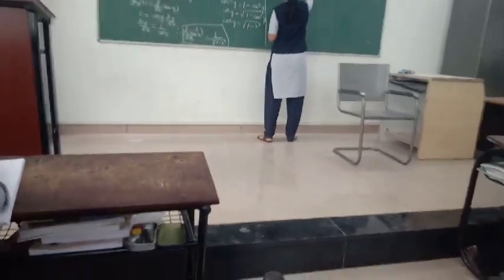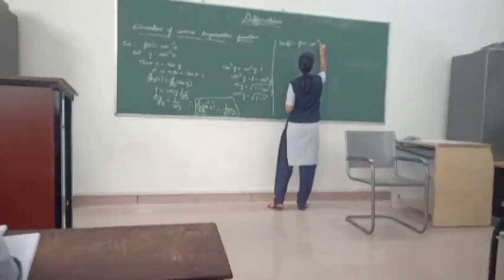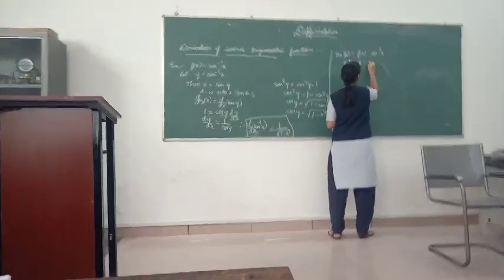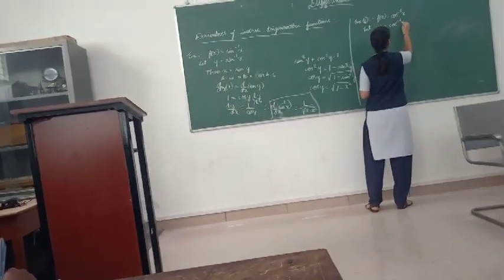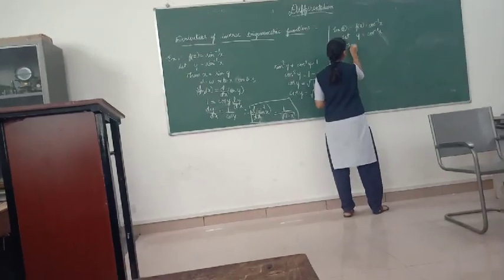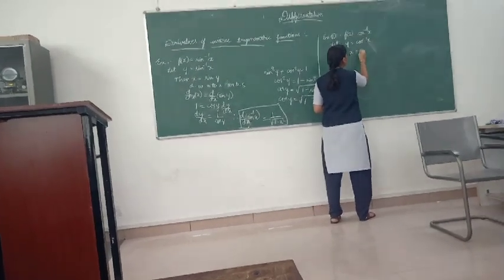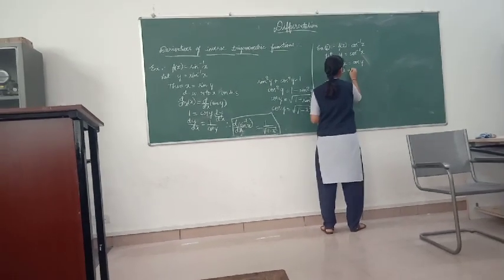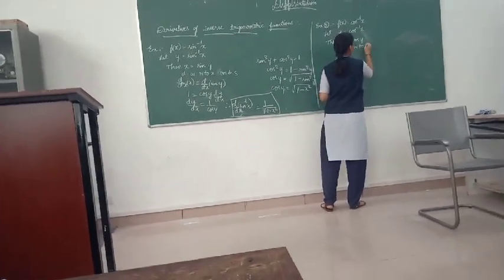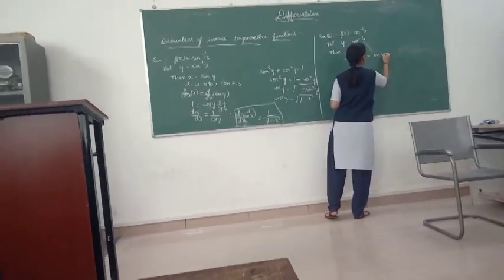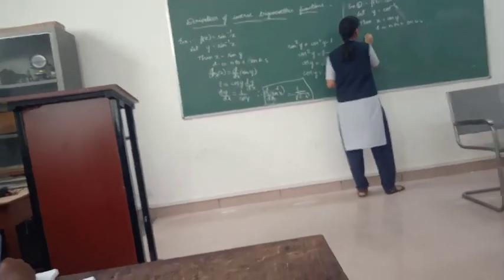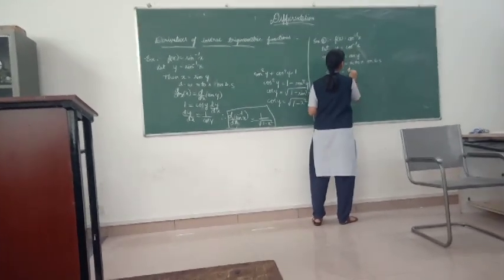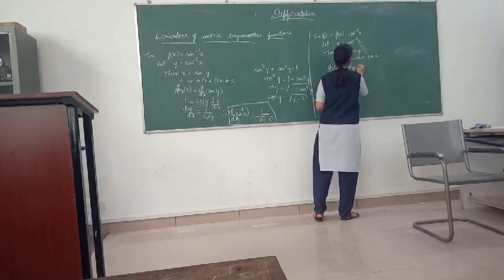f of x is equal to cos inverse of x. So let's write y is equal to cos inverse of x. Then x is equal to cos y. Differentiating with respect to x on both sides, we will get d by dx of x is equal to d by dx of cos y.